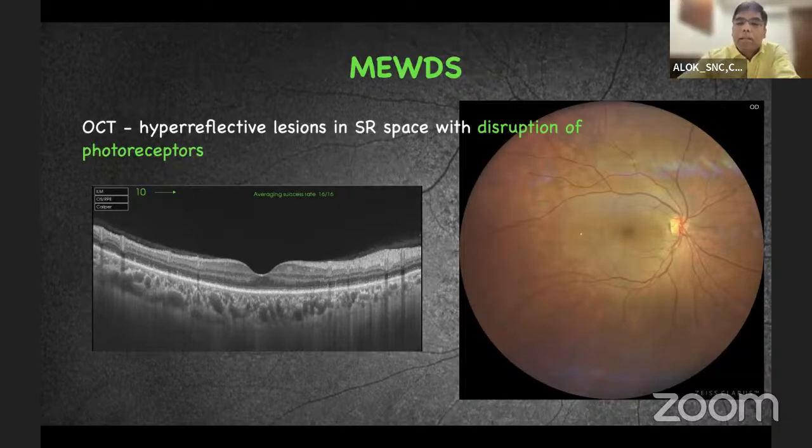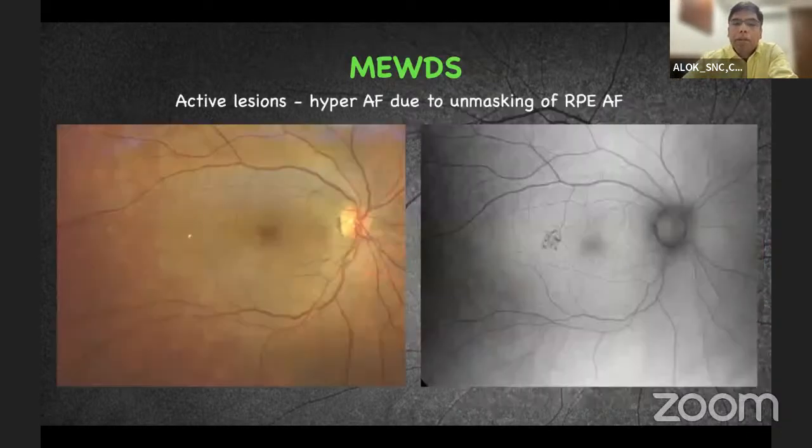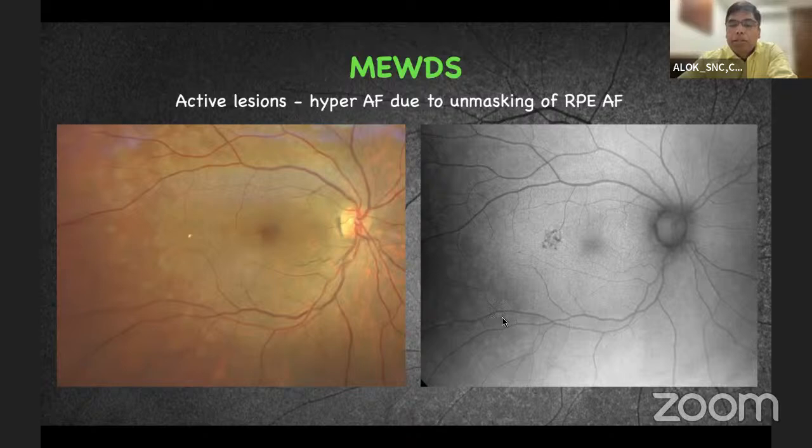Now, because there is disruption of the photoreceptors, they will cause hyperautofluorescence due to unmasking of the RPE, as you can see here in the picture. So this is a case of MEWDS.